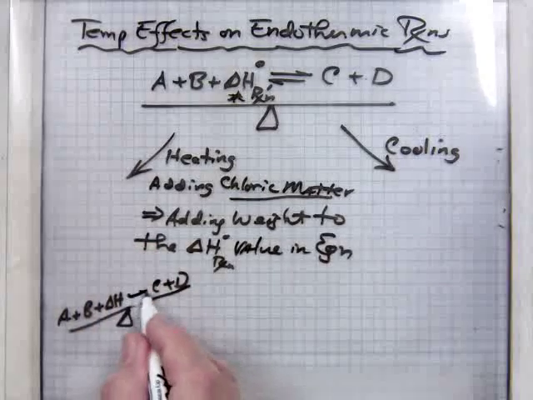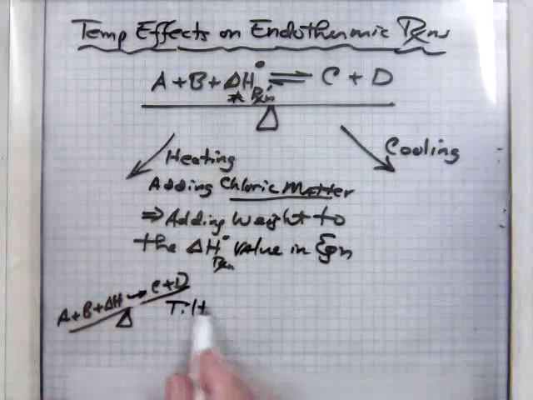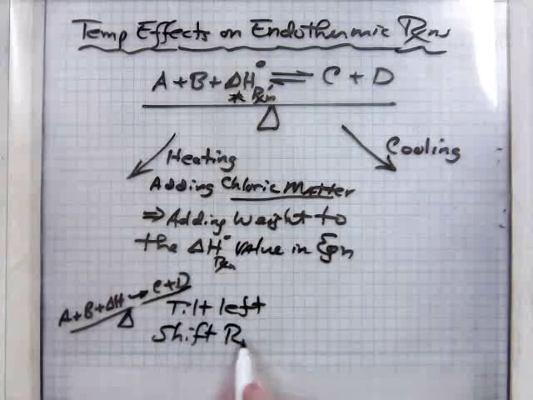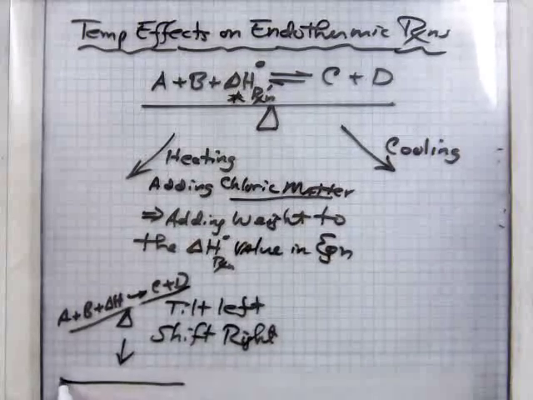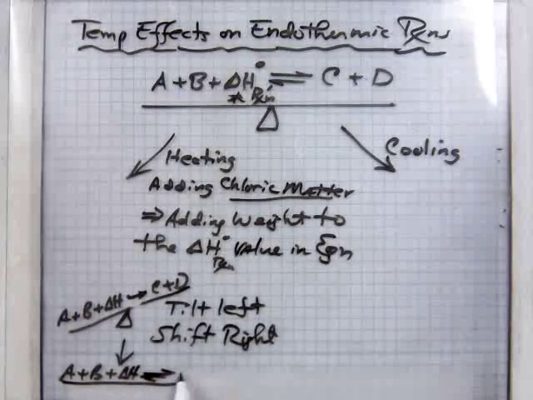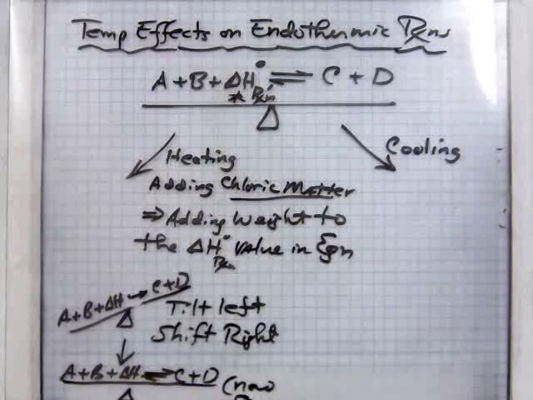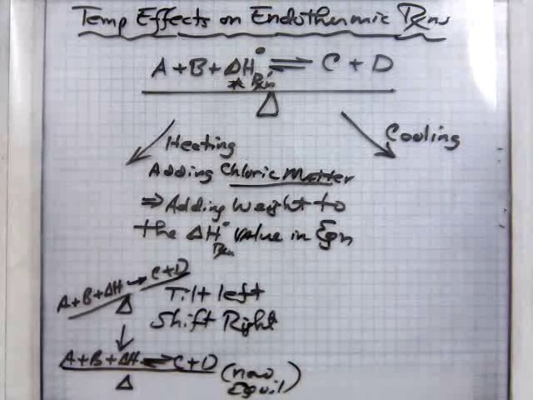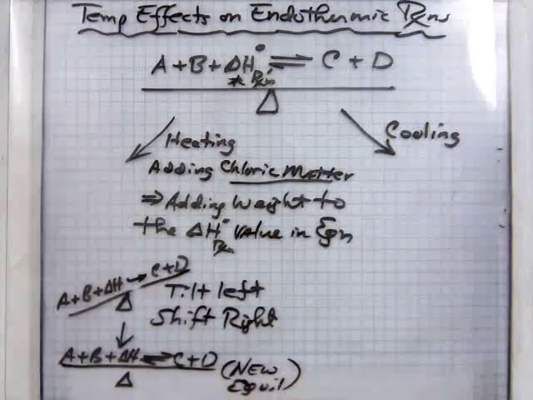So the reaction would have to shift: it would tilt left, shift right, and ultimately create a new equilibrium, A plus B plus delta H, C plus D, and this would be your new equilibrium. If you can see that up there, that says new equilibrium.